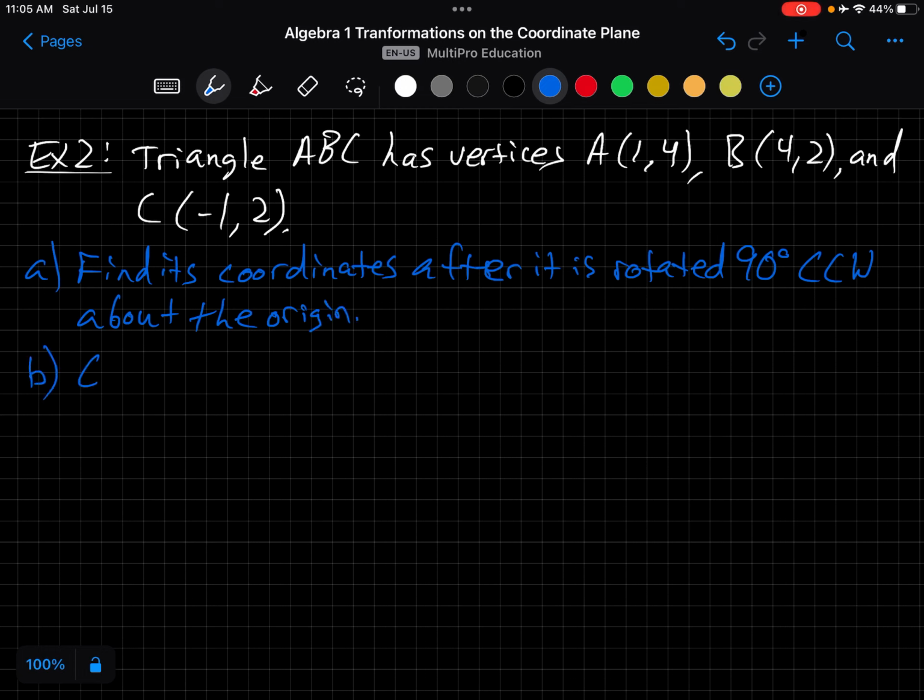Okay, that's part A. Then part B, we want to graph the preimage and image.